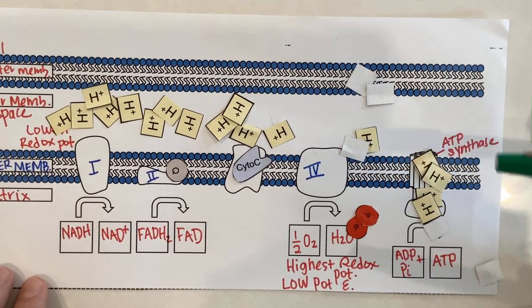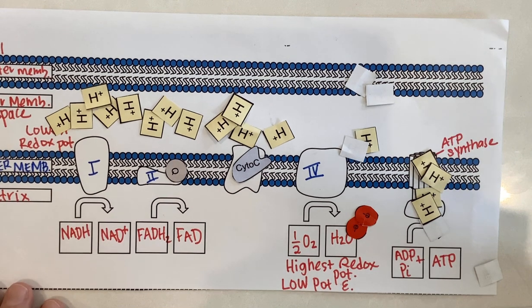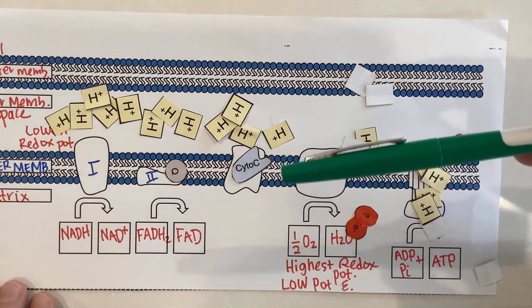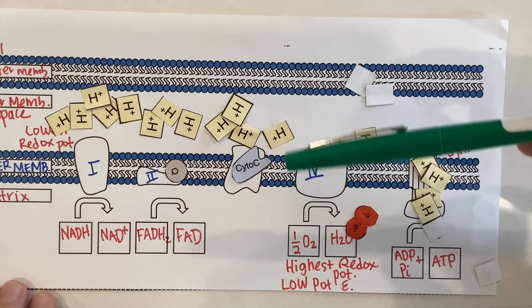So the numbers I used, these are theoretical numbers that could be achieved in isolated mitochondria or perhaps in a test tube, but very rarely happen biologically, because usually in this membrane space are proton pumps or proton channels.